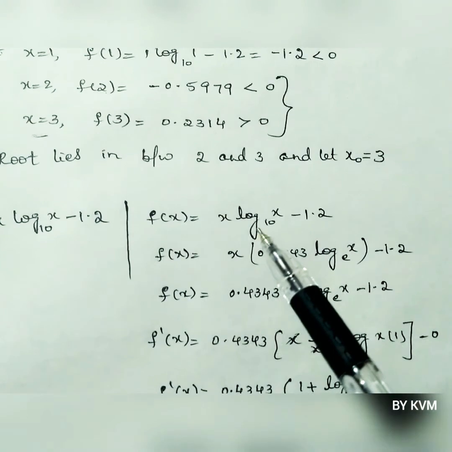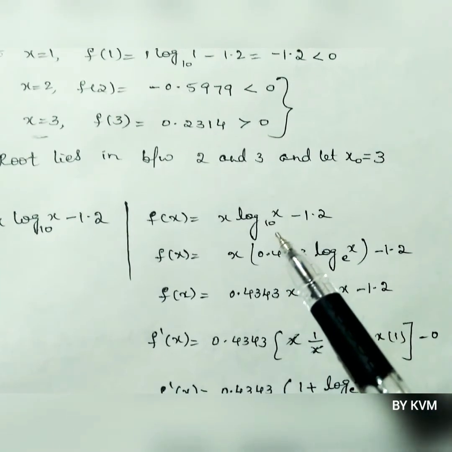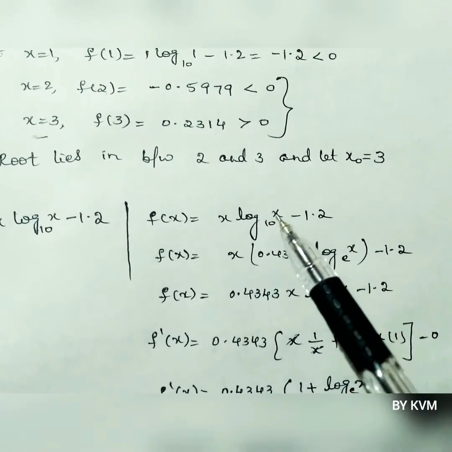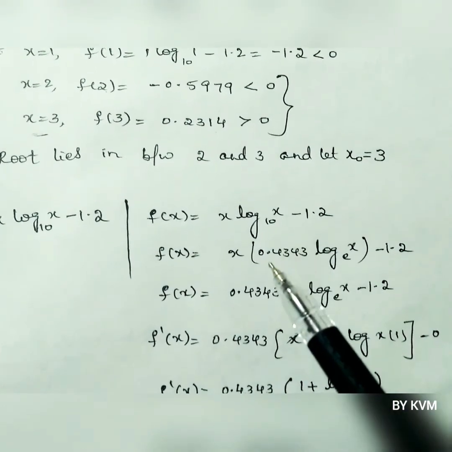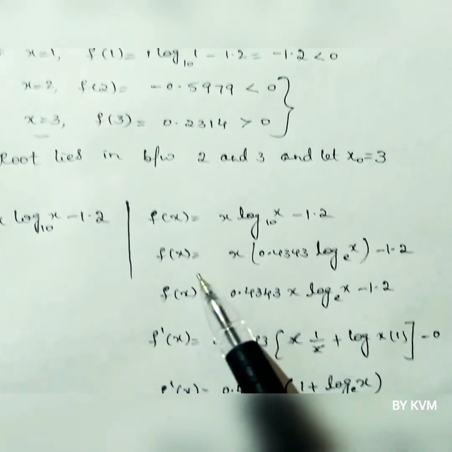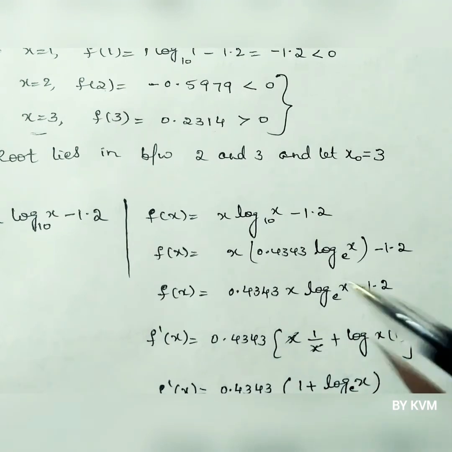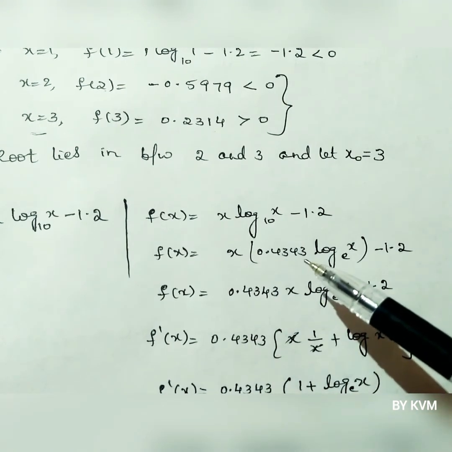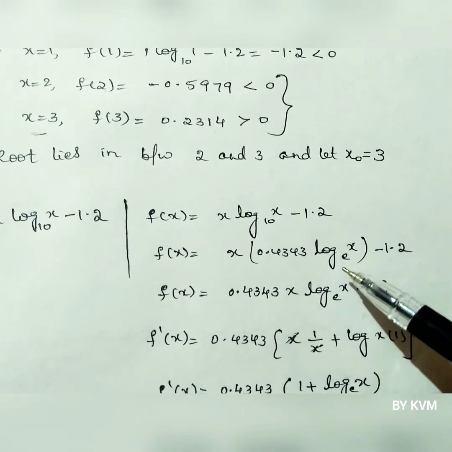Now to find f dash of x, convert log x to the base 10 to log x to the base e. This is very important. So f of x equals x into log x to the base 10, which is nothing but 0.4343 into log x to the base e.